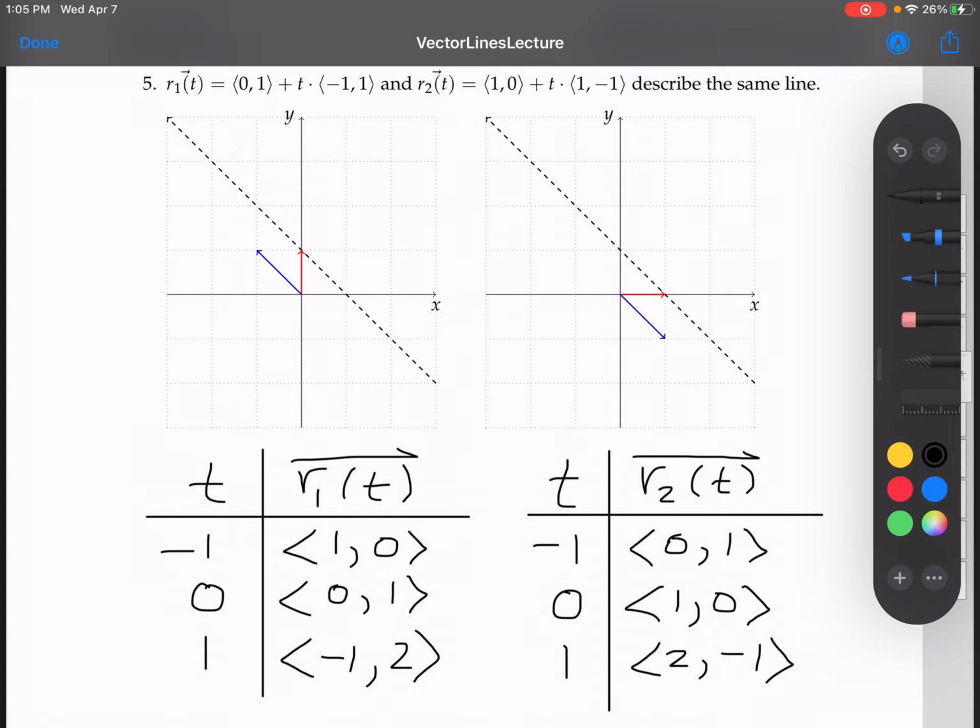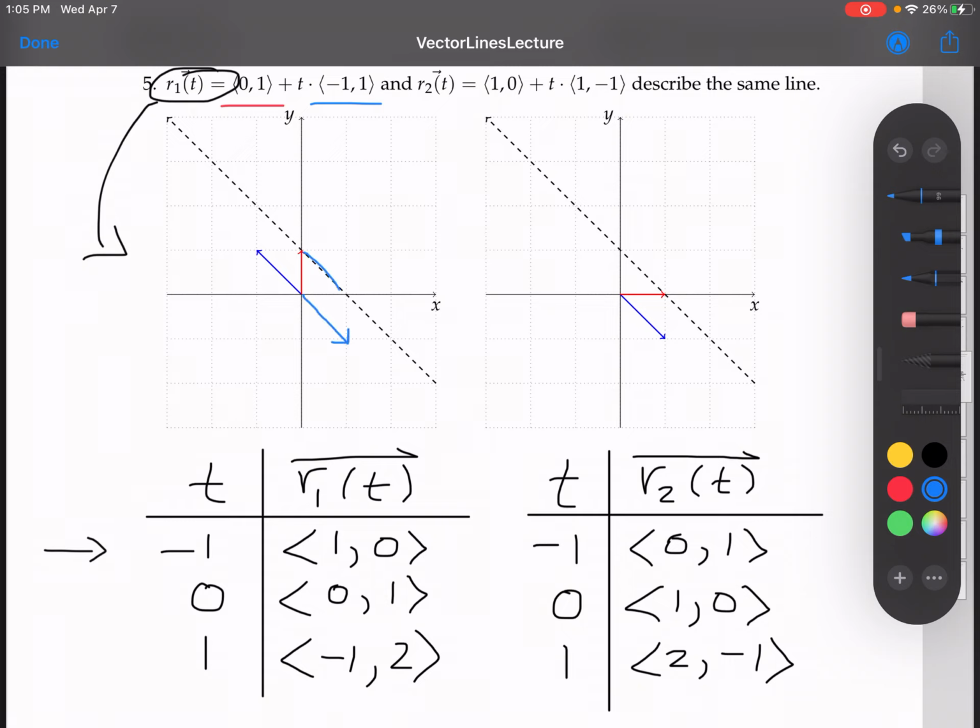Looking at just the picture on the left, I'm going to draw the line described by r1 of t. The blue direction vector is that vector there. The red position vector is that vector there. So starting with t equals negative 1, we have that one.